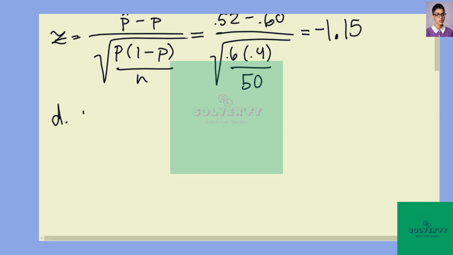So now we need to make our decision. We'll do this by graphing. We have a normal curve with a mean of 0 and a standard deviation of 1.